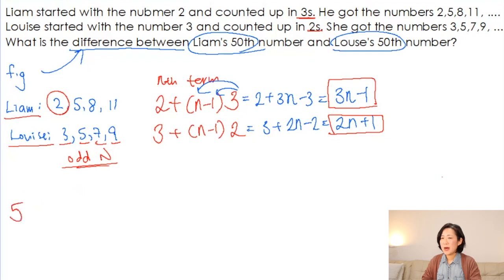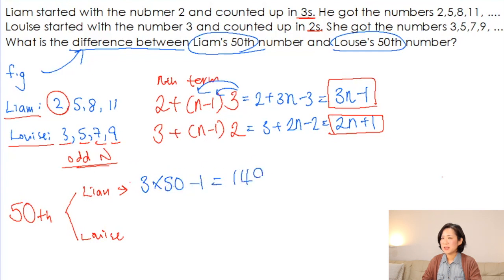Our final goal is the fiftieth number for Liam and the fiftieth number for Louis. That means your n is 50. So 3 times 50 minus 1 gives you 149, which is Liam's fiftieth number, and Louis' fiftieth number is 2 times 50 plus 1, and that is 101.